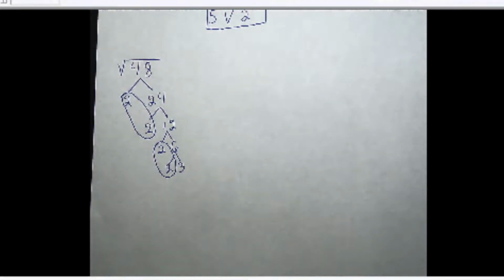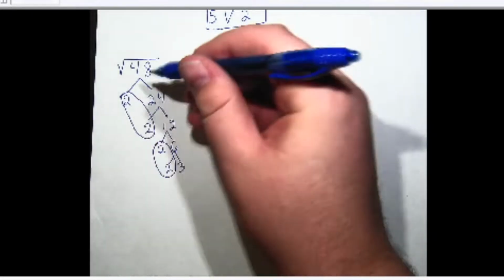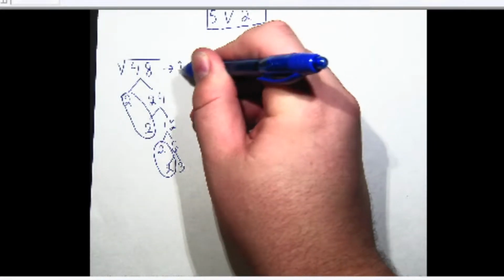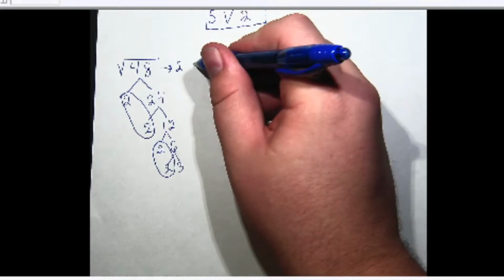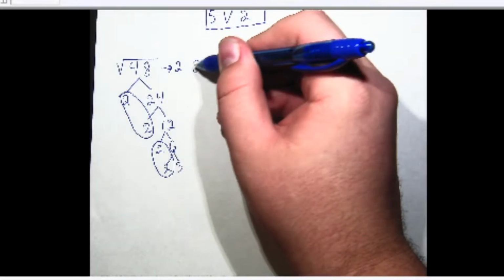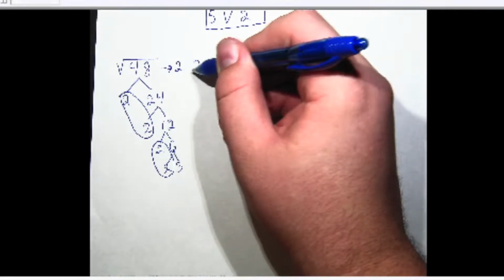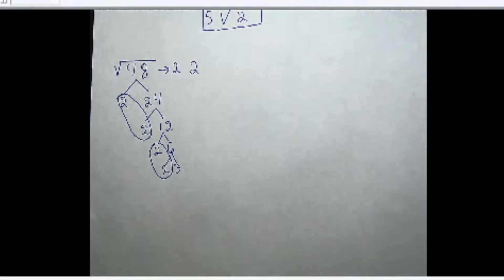Again, anything that makes a matching pair like that, you get to take that exact number out. So this 2 for this matching pair here comes out. A 2 for this matching pair also comes out. But there's got to be some kind of operation between them, either add, subtract, multiply, and divide. Which one do you think? Multiply, good.